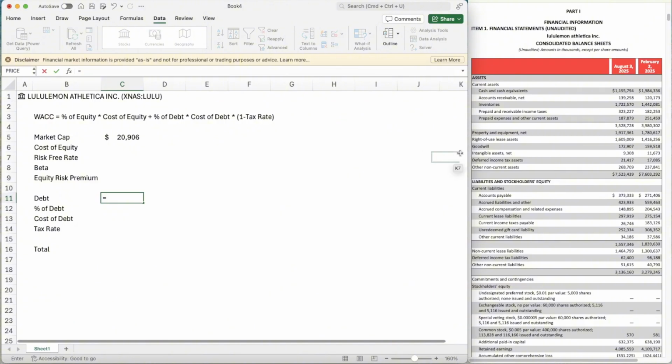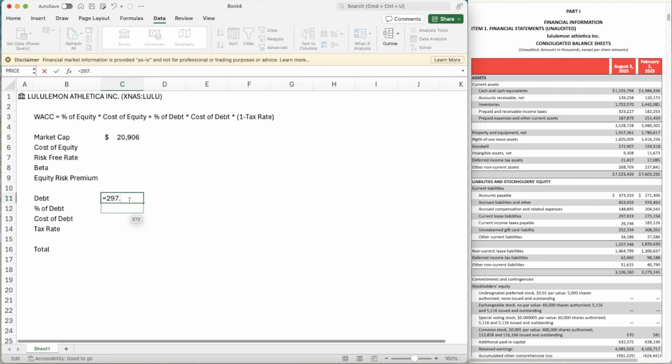Just to let you know, normally financial statements are done in millions. If you're looking at Apple, Nvidia, Google, etc., they'll report with these numbers in millions, but this one is in thousands. So this is 373 million. You've just got to be a bit aware of that going forward, especially when you're looking at a smaller company like Lululemon, which has a market cap of just under $21 billion.